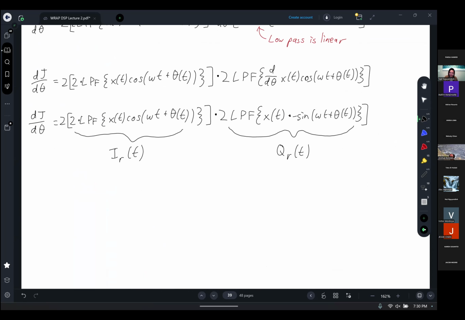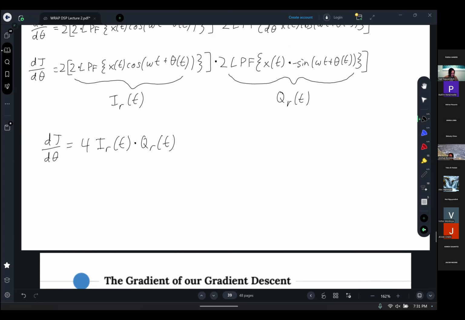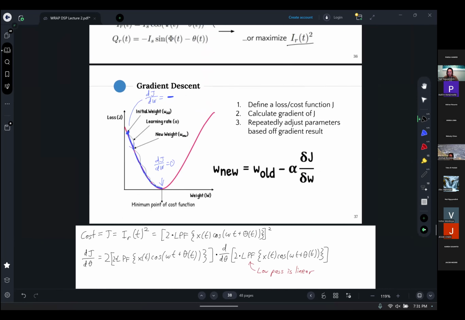That being dJ over d theta equals, was it 4 times the I component times the Q component. This doesn't actually matter. I'll just call it that. Okay, sure. So now we have an update term.